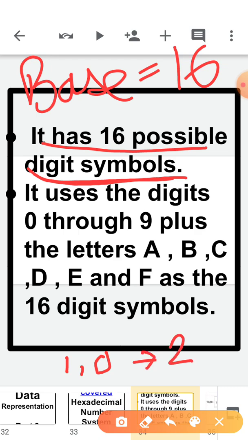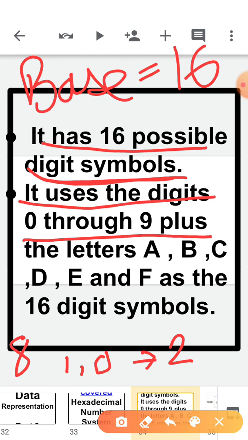In decimal we are having 0 to 9 numbers, it means a total of 10 symbols, so that is why we are using base as 10. In octal we are using 0 to 7, meaning 8 symbols, that is why we are using base as 8.